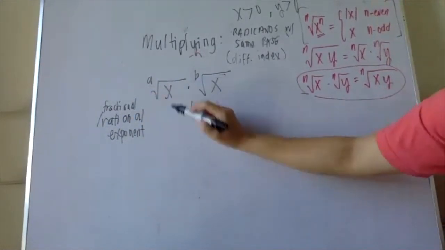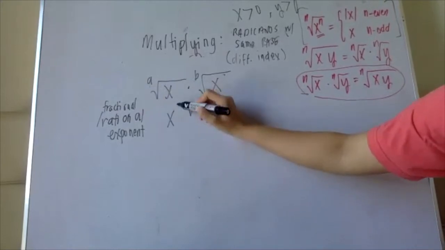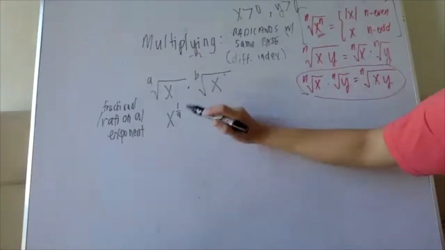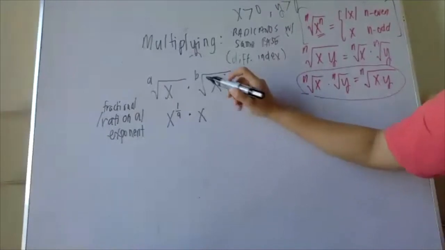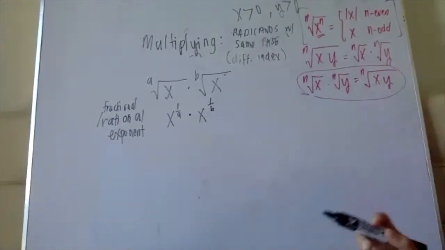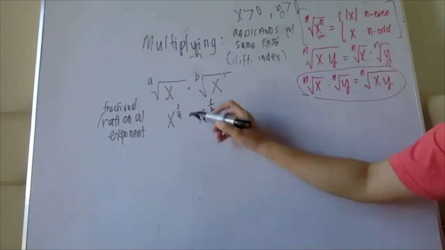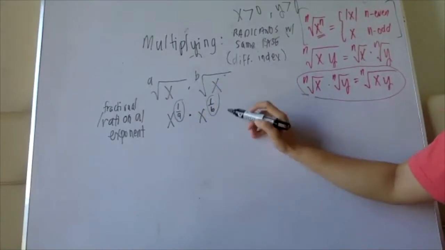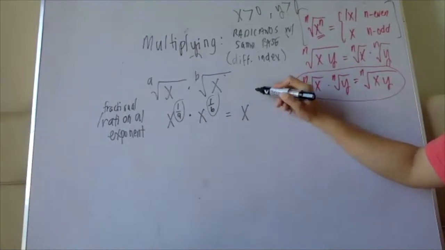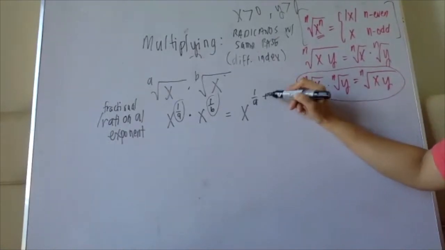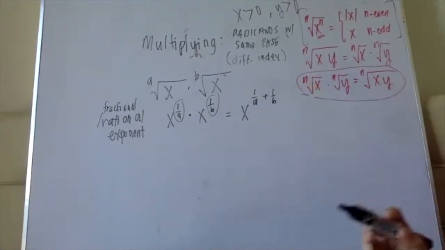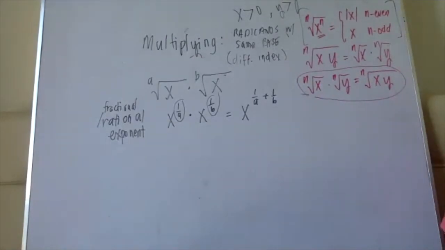Okay? So here, x raised to 1 over a times x raised to 1 over b. Ano nga sinabi natin kapag pareho yung base, tapos nag-multiply tayo, we just add the exponent. So this is equal to x raised to 1 over a plus 1 over b. Okay?